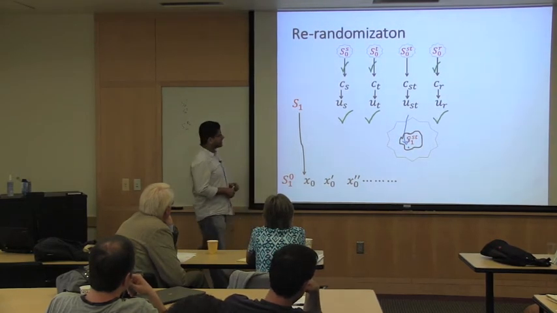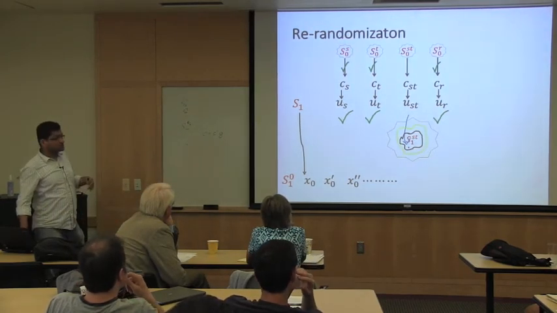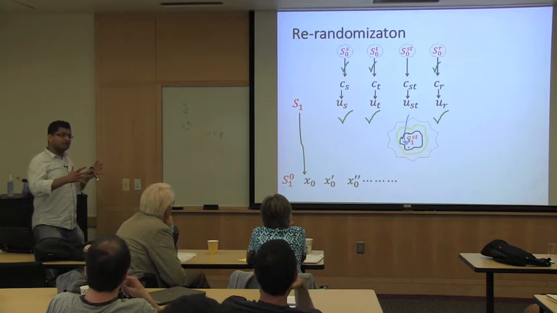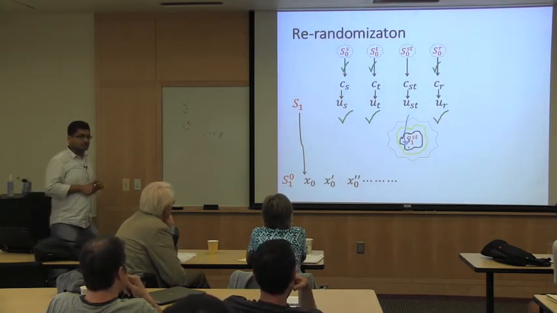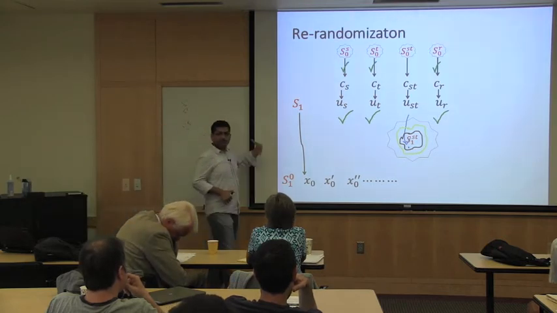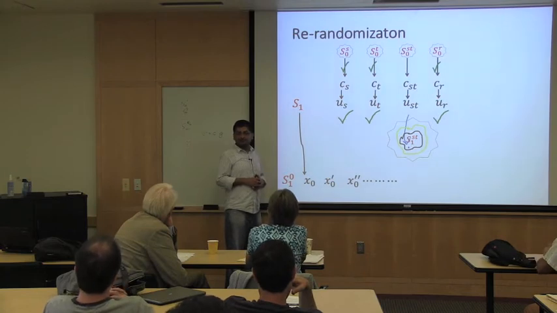If you add random linear combinations of these encodings, the thing's going to grow a bit larger, but hopefully it'll be random enough. So you have a value, you want to re-randomize it, you just add a bunch of random encodings of 0.